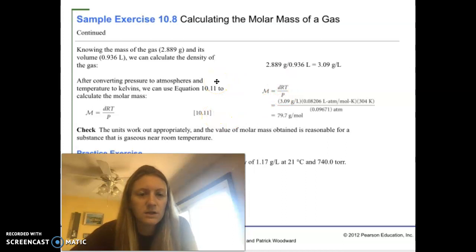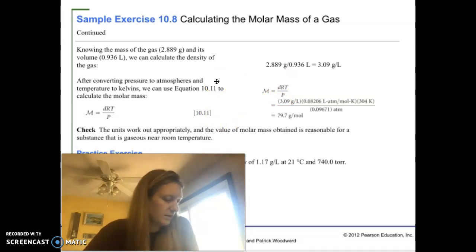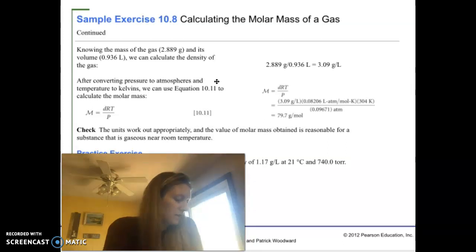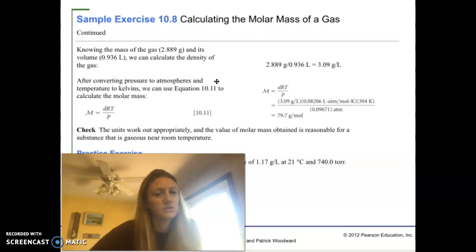We would need to first convert, because they give it to us in torr, the 735 torr into atmospheres by dividing by 760, because 760 torr equals 1 atmosphere. And they give us 31 degrees Celsius, which means we have to put it in Kelvin, so we're going to add 273.